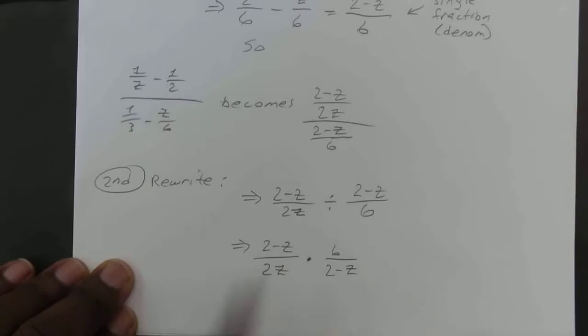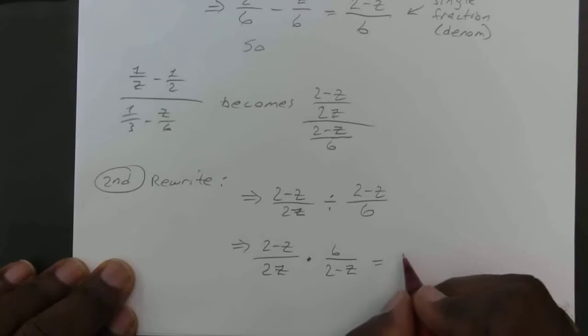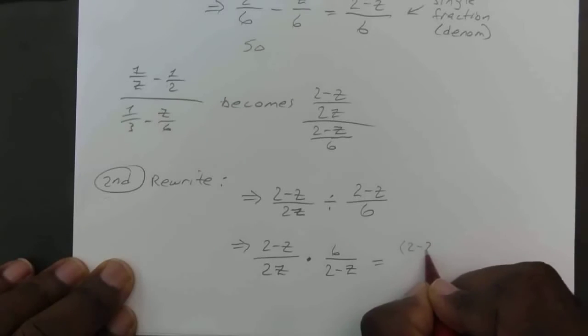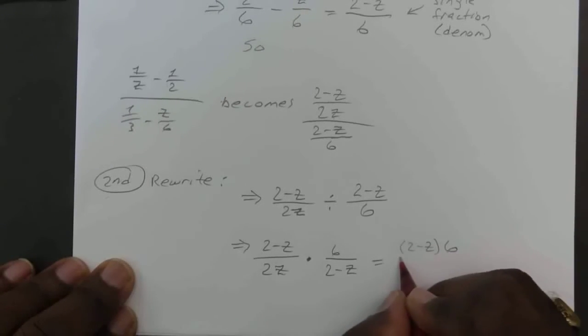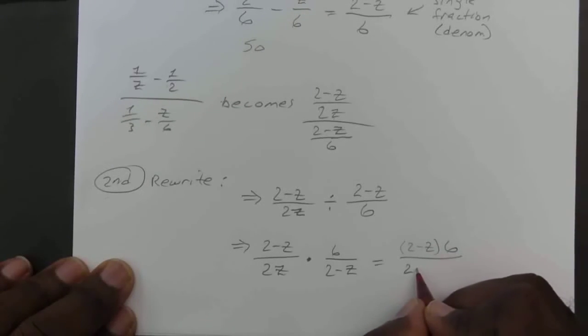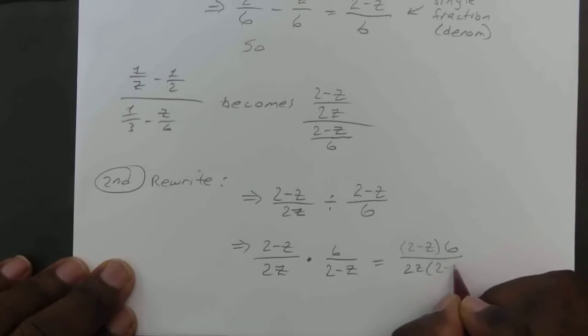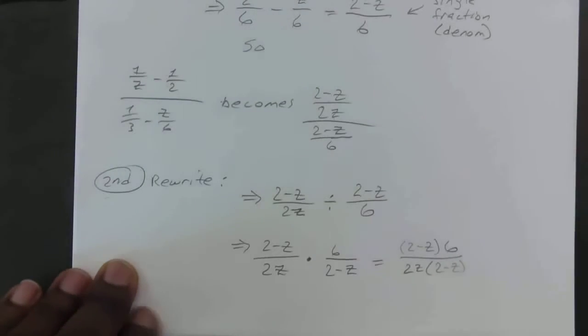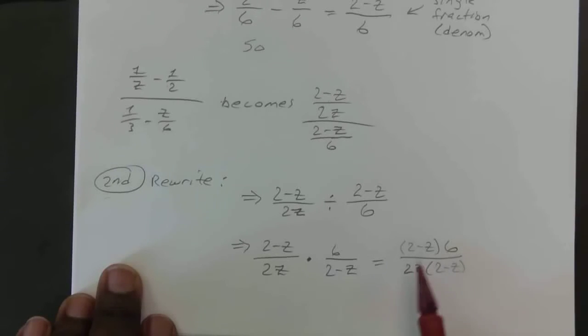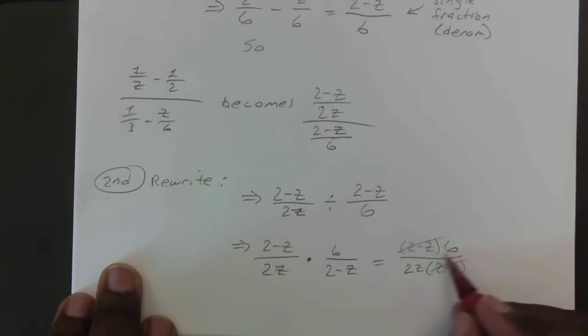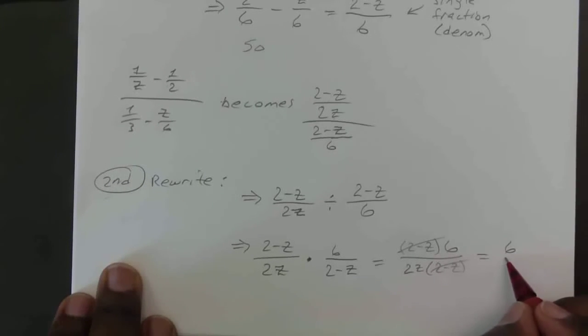If you multiply that straight across, you end up with 2 minus z times 6 over 2z times 2 minus z. Your 2 minus z's will cancel each other out, leaving 6 over 2z.